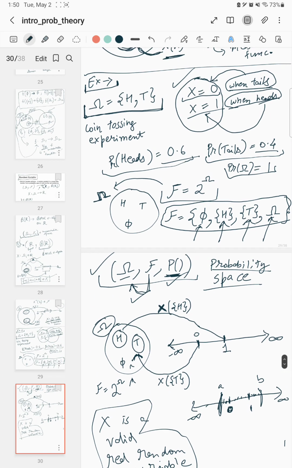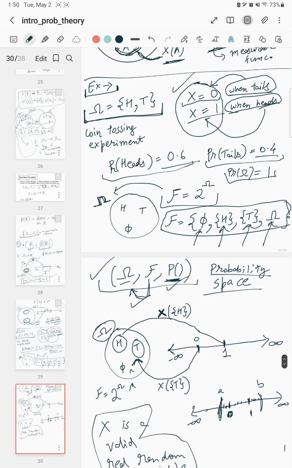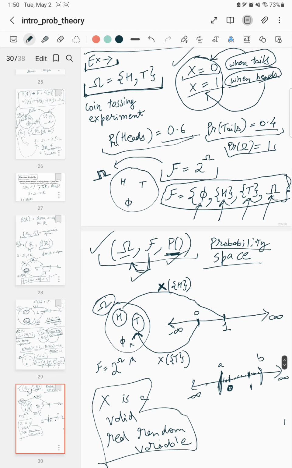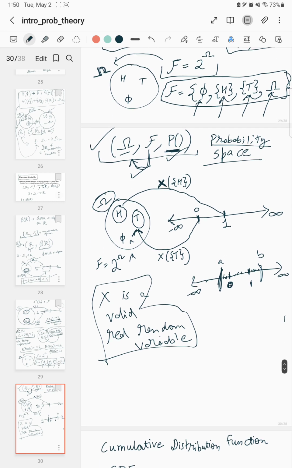Now, what are the uses of it? Okay, we have defined it using fancy math terms, but this has a very important application in calculating probability, which you will see later. For a basic example, I can give you this.